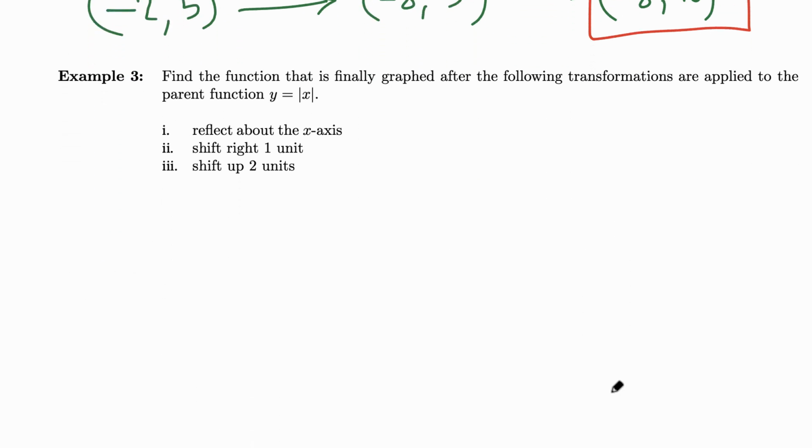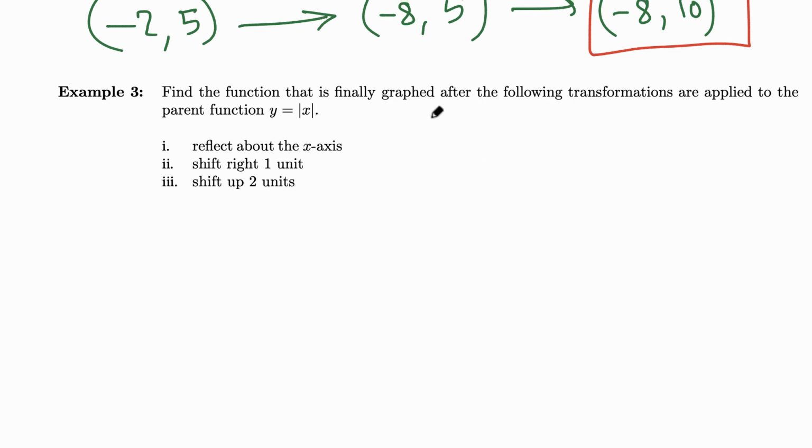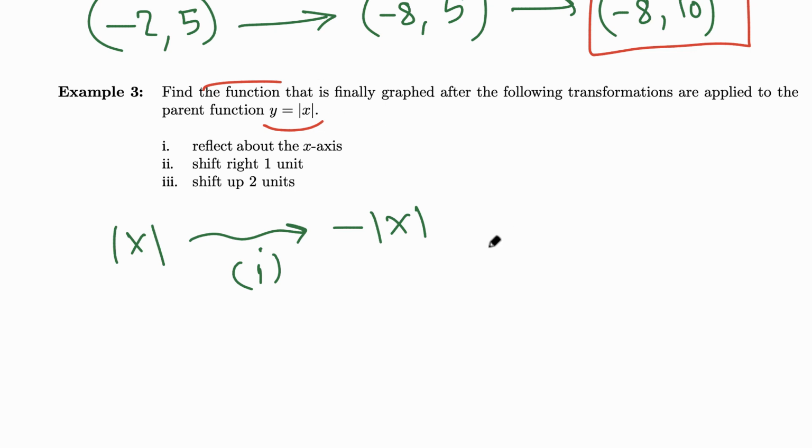Okay. And the last example is a graph of y equals the absolute value of x. Now we need to apply these 3 transformations and write down the function. First, reflect about the x-axis. That means negative outside, from the given parent graph. Then shift right 1 unit. Right or left means inside.